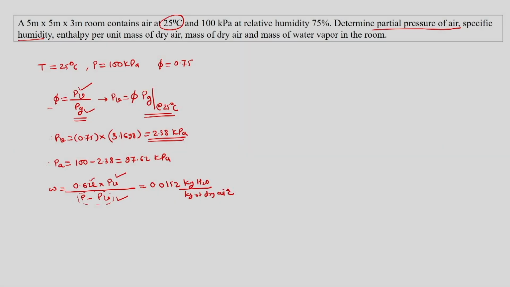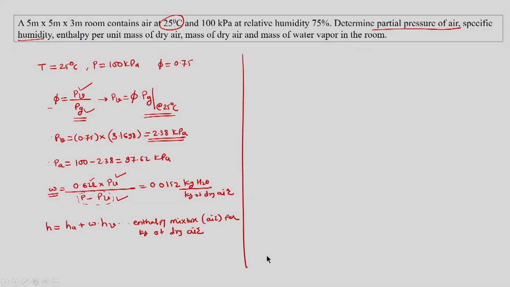This is the unit of specific humidity. Now we can find the enthalpy of the mixture, which is the enthalpy of air plus specific humidity into the enthalpy of water vapor. So this is the enthalpy of the mixture, or for us it is per kg of dry air.